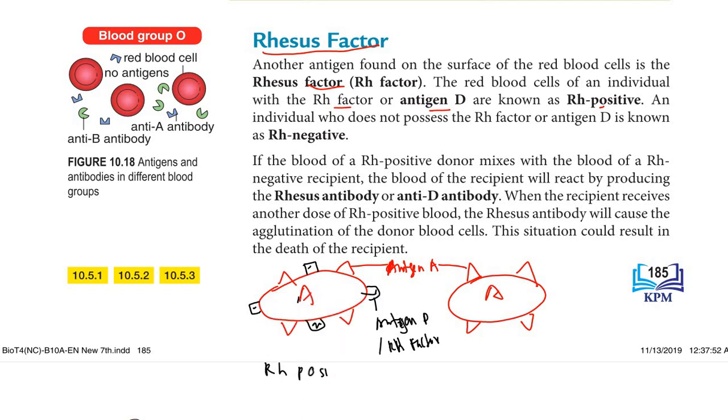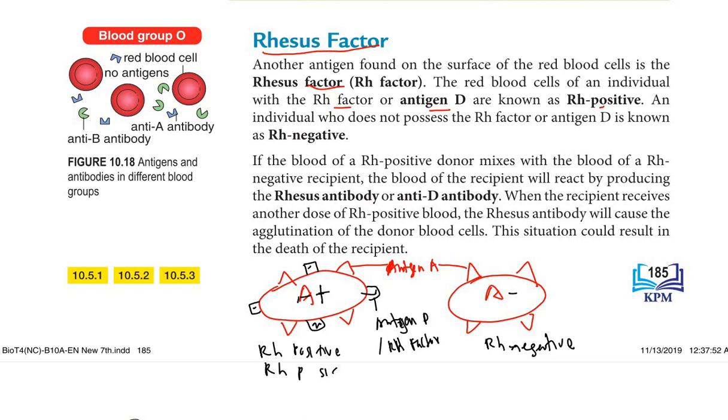So this one without the antigen D, the person is known as Rh negative. So that's why we have blood A plus. A plus blood means the person is blood group A and has Rh positive. So another one we have is A negative. Negative means blood group A but no Rh factor, known as Rh negative.